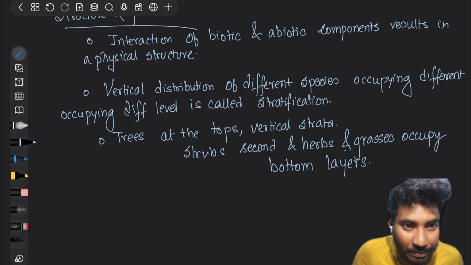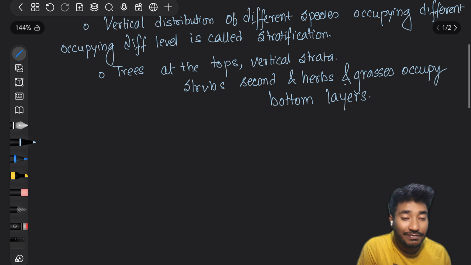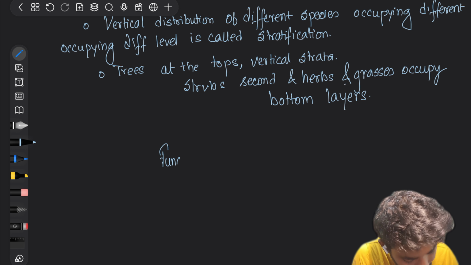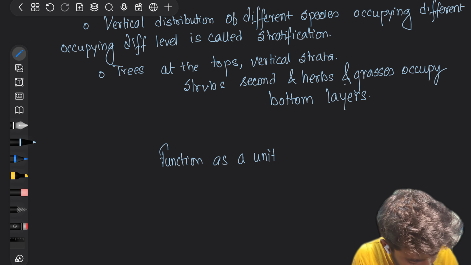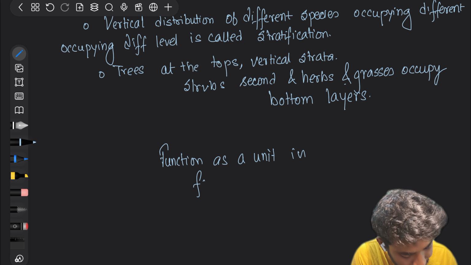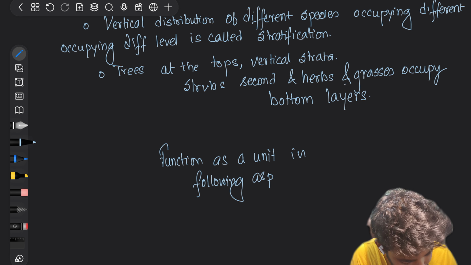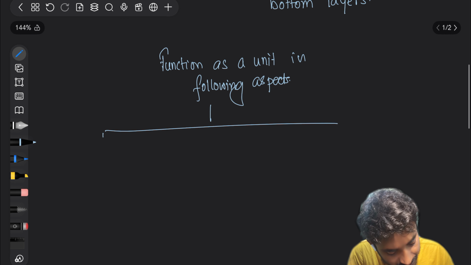Now, ecosystem components function as a unit in the following aspects. So what are the aspects?